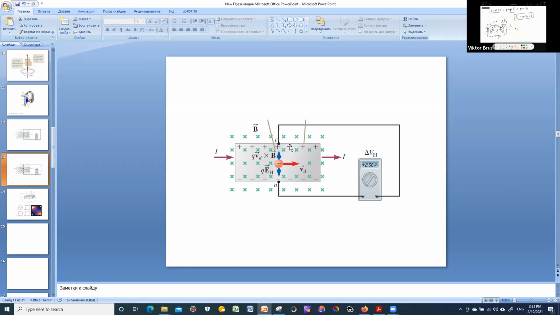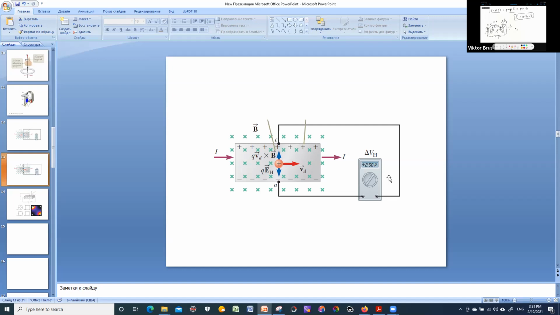In this case, the upper edge will be at higher potential than the lower edge. And this polarity will be considered as positive. So this potential difference, the Hall voltage, will be considered as positive. This is how we define the sign of the Hall voltage.